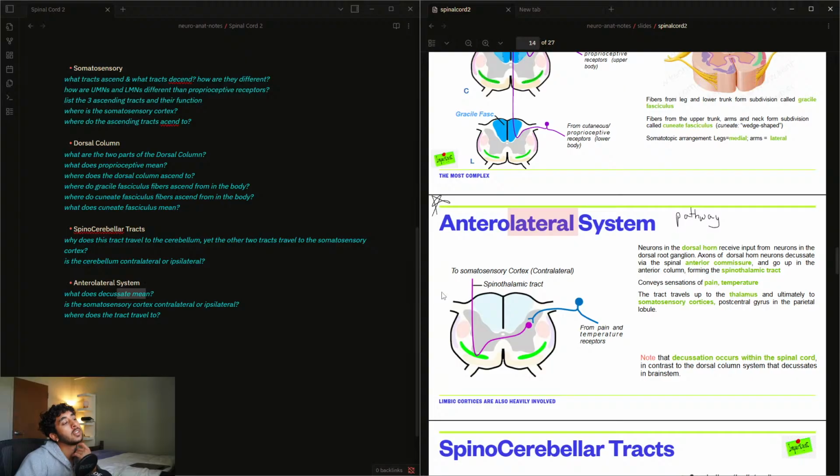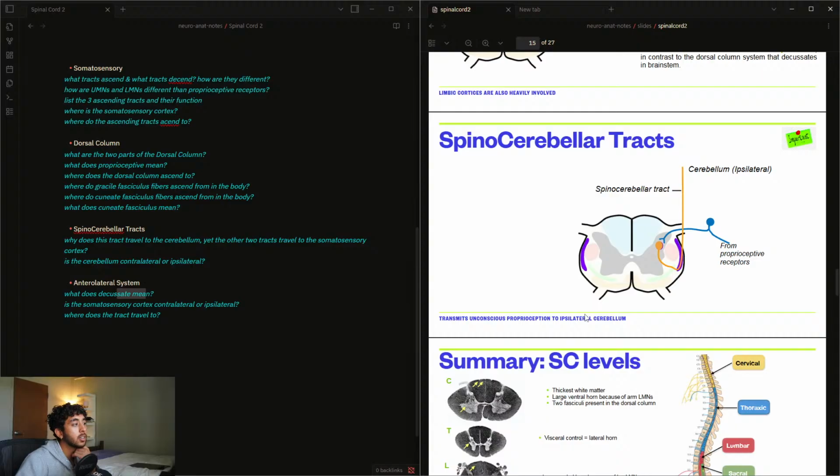That means the spinocerebellar tract... So the cerebellum is ipsilateral. Somatosensory cortex is contralateral. Okay. And the spinocerebellar tract is involved in fine motor control.